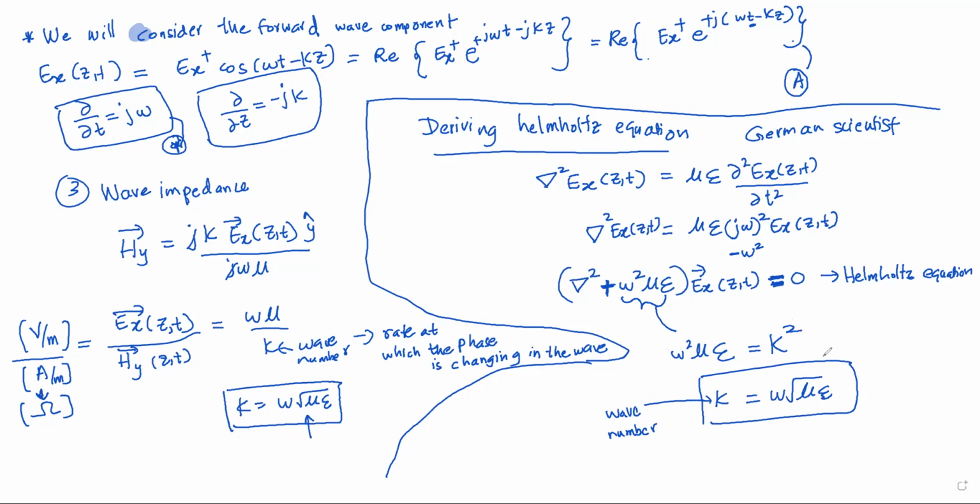The wave number is important for us to define the intrinsic impedance of the wave, right? So the wave impedance. We were talking about the wave impedance earlier, so I will continue regarding that. This wave impedance we also call the intrinsic impedance.